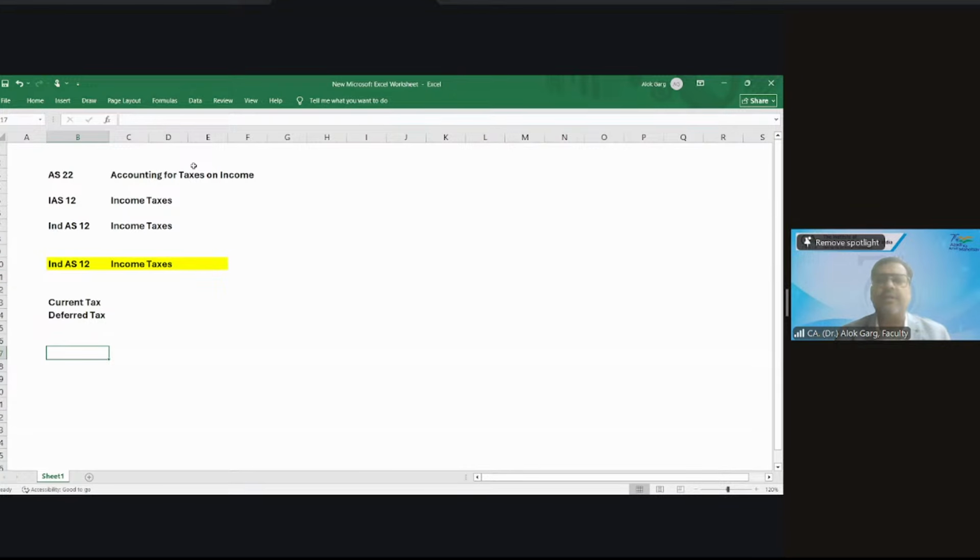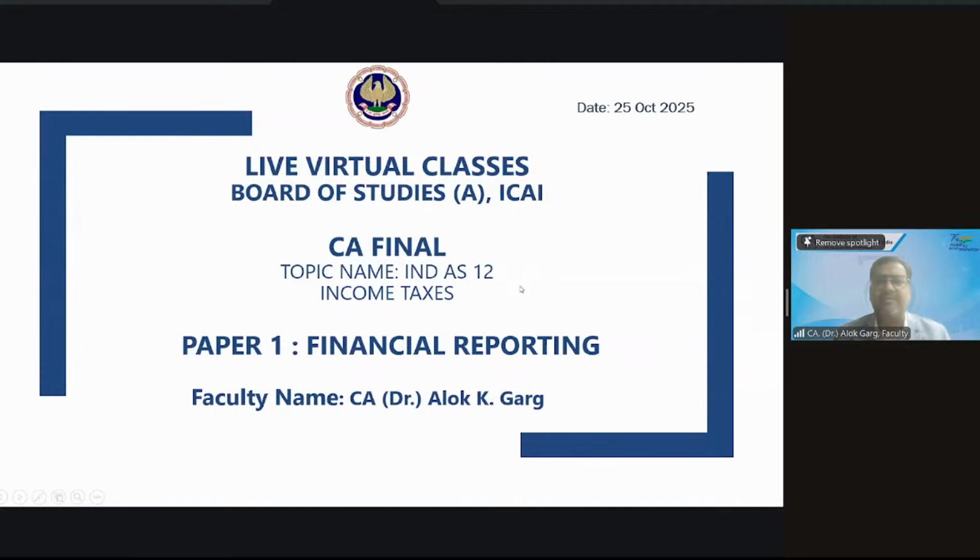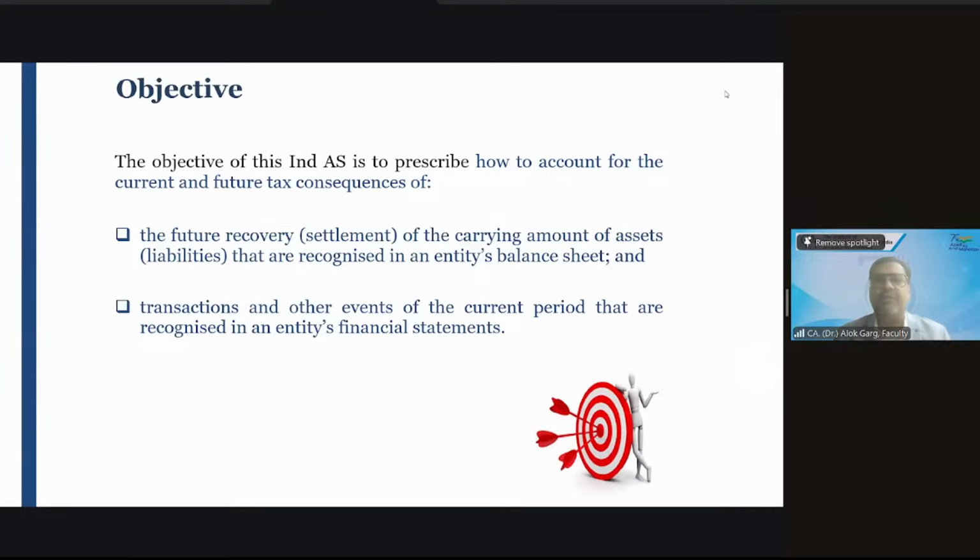So friends, talking about Ind AS 12, we are going to cover the objective of this standard. This standard prescribes how to account for the current and future tax consequences. Current means current tax, your tax on the current year profit.